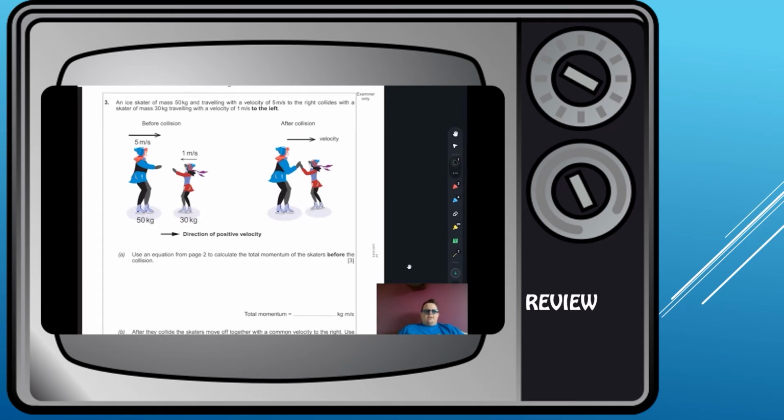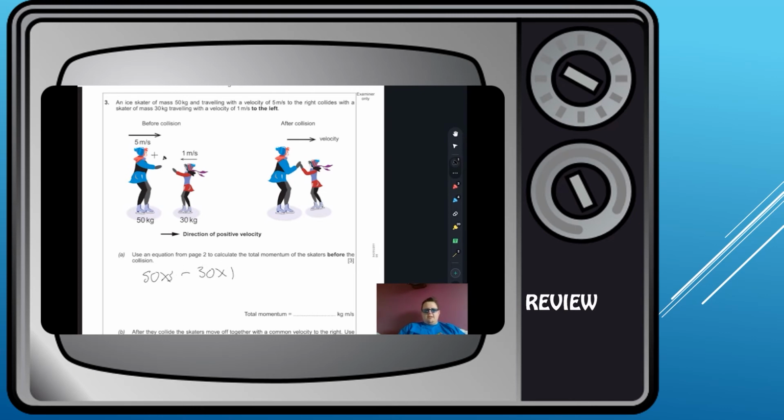Okay, so let's have a look at this question then. So we have our ice skater. Here's one ice skater with a mass of 50 kilograms, and we've got another one with a mass of 30 kilograms, and it tells us that they collide together, and then it asks us to work out the total momentum before. So the total momentum before is going to be 50 times 5, take away 30 times 1.